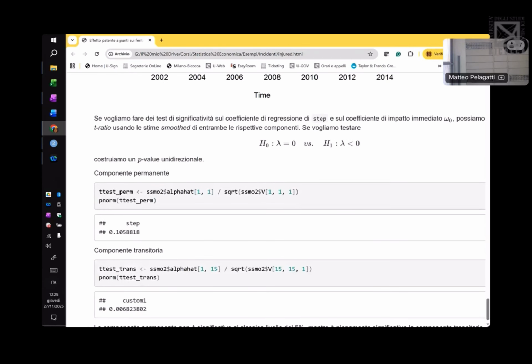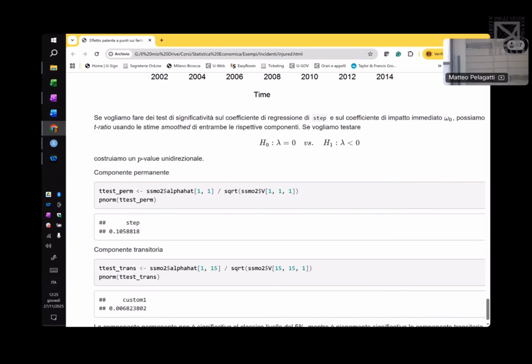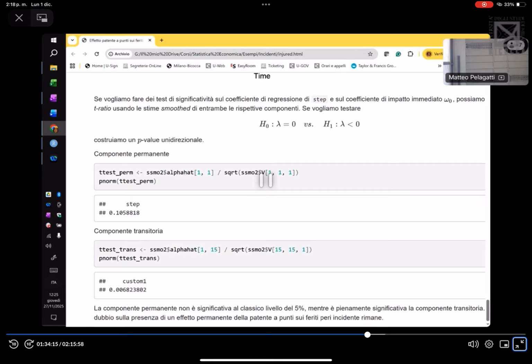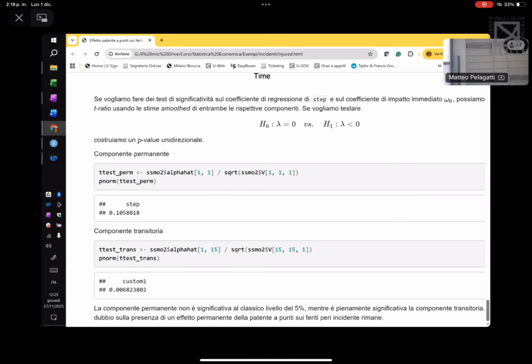And this is just the p-value, and actually the p-value is larger than whatever, 5%, even 10%. So it looks like the permanent component is not so certain. I mean, the best estimate is minus 5%. But statistically, that minus 5% is not very different than 0. Okay. So there's a lot of uncertainty about the permanent effect.